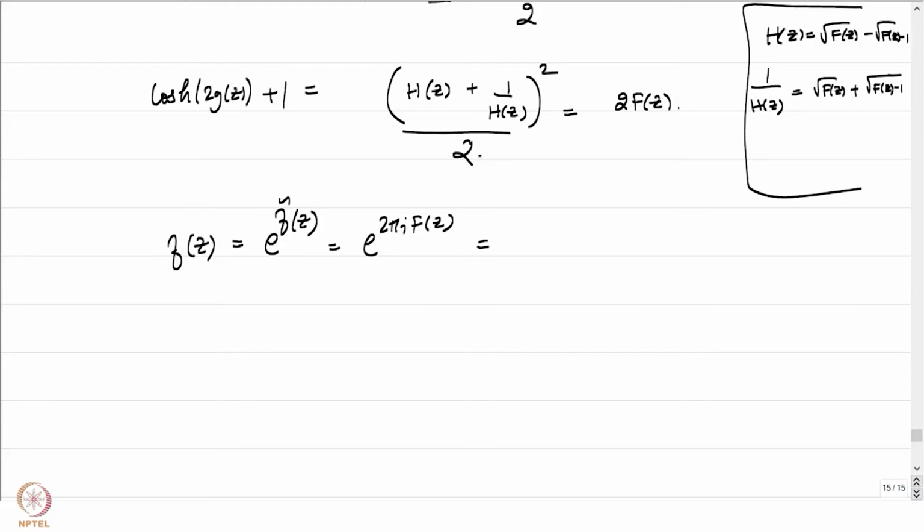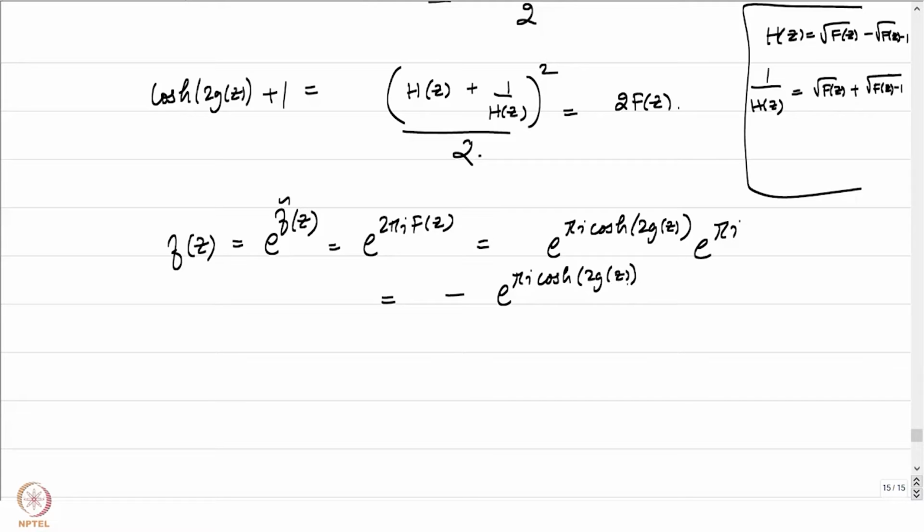So if you multiply by pi i and lift it, take the power, this is going to be equal to e to the power pi i times cosh of 2g of z times e to the power pi i, which is minus 1, which is hence equal to minus e to the power pi i cosh of 2g of z.